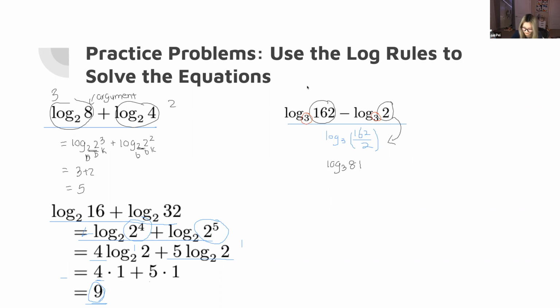So after that, you can have log base 3 of 3 to the 4th, which then you'll get equal to 4. So that'll be how you solve it.